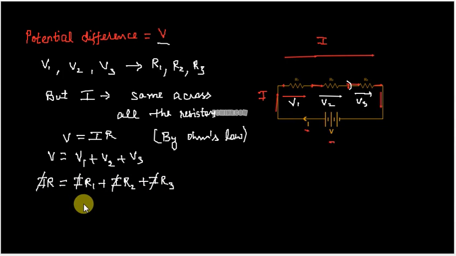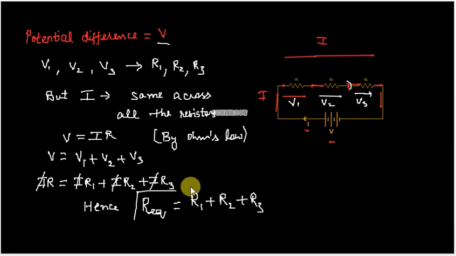It's common, and hence we get the net resistance, or equivalent resistance, of a series combination, which is the sum of the resistances that are connected. If there are three resistors connected here, R1, R2, R3 are just getting summed up.